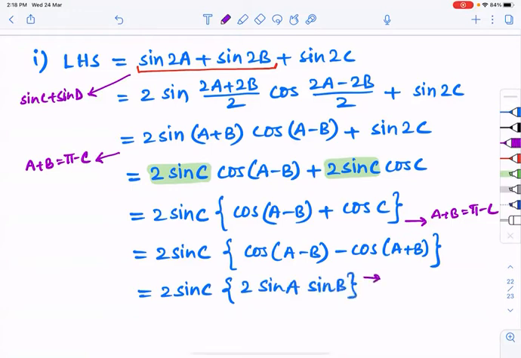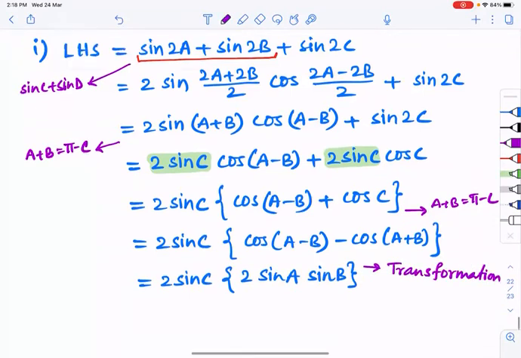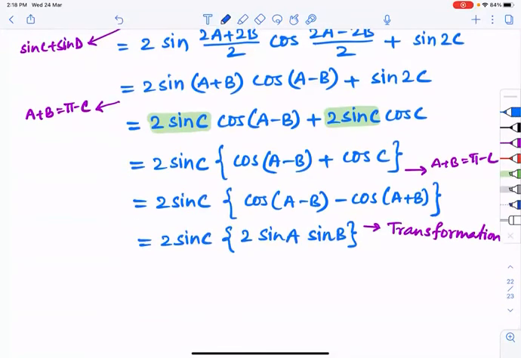So this is also which formula? This is product to sum, right? This is also a transformation formula. And after that, we have completed our solution. We just simplify it for sin A, sin B, sin C, right?